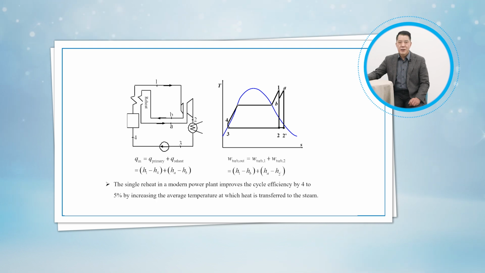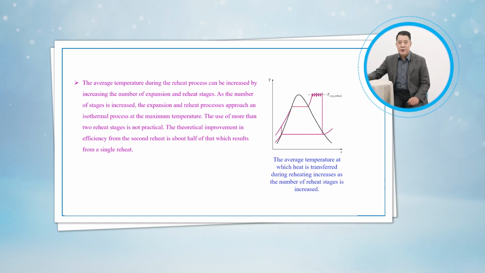The incorporation of the single reheat in a modern power plant improves the cycle efficiency by 4 to 7% by increasing the average temperature at which heat is transferred to the steam. The average temperature during the reheat process can be increased by increasing the number of expansion and reheat stages.